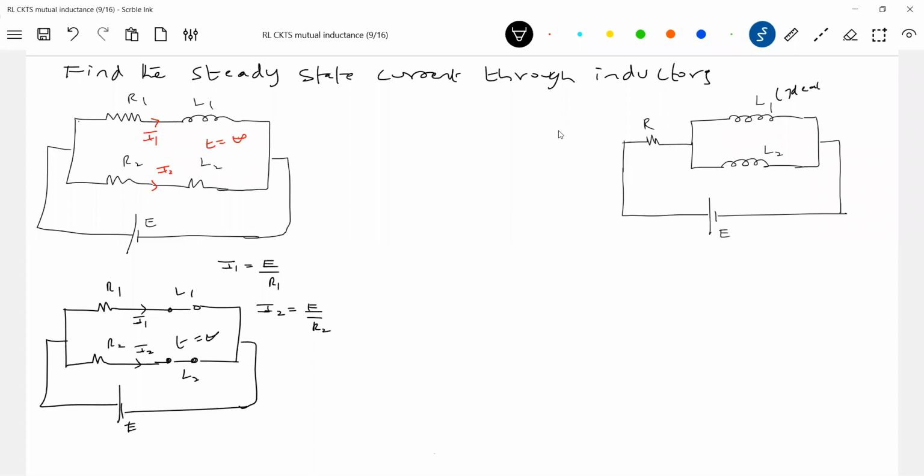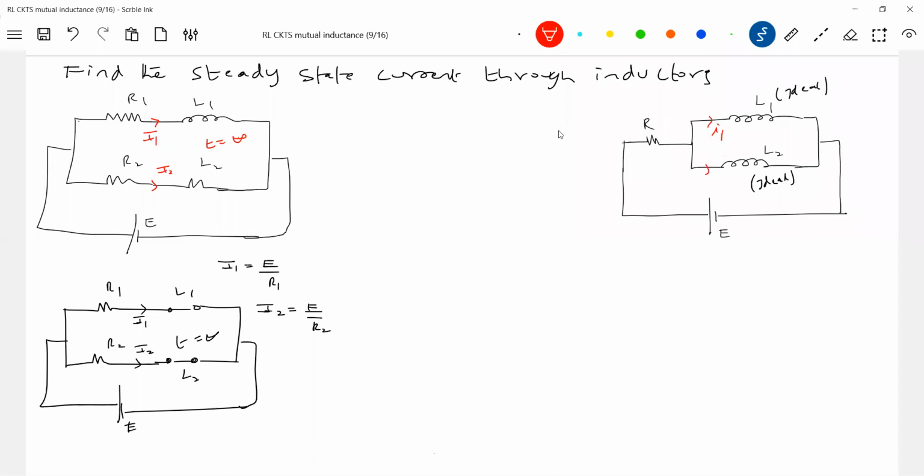Ideal means no resistance, they only allow self-inductance. Only at t equal to infinity will we replace them with a short circuit. Let's write the current at any time t.